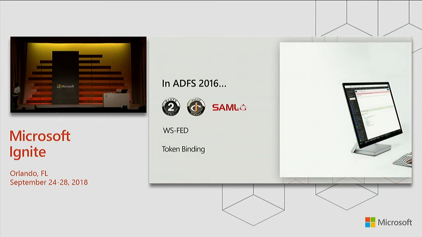And within that, we did a whole bunch of things in 2016 where we made some improvements in SAML, we made huge improvements in OIDC, we've added a lot of stuff for OpenID Connect and OAuth, and we also added token binding support, which a lot of you may not understand, which is really to prevent the ability for you to take cookies and replay them from another system, pretty much. All right, and that is built into Windows 10.